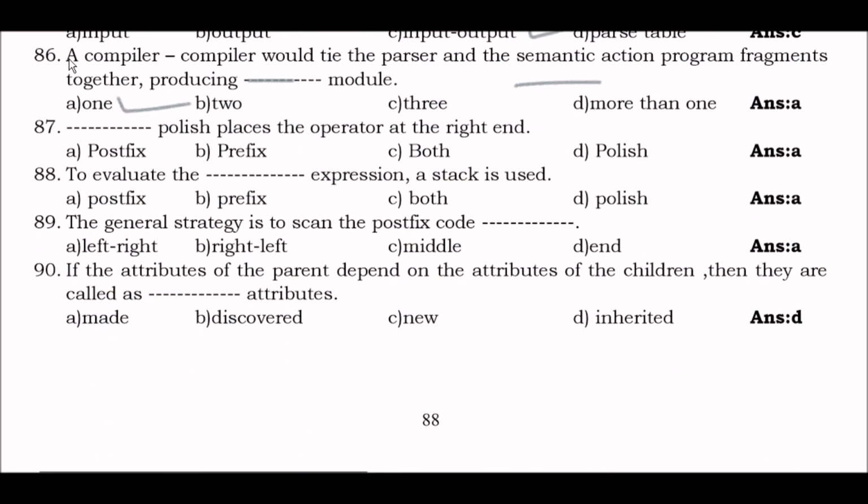A compiler would tie the parser and the semantic action program fragments together, producing one module. Next question. Blank space polish places the operator at the right end. So right answer is option A, postfix. Postfix polish places the operator at the right end. Next question. To evaluate the blank space expression a stack is used.